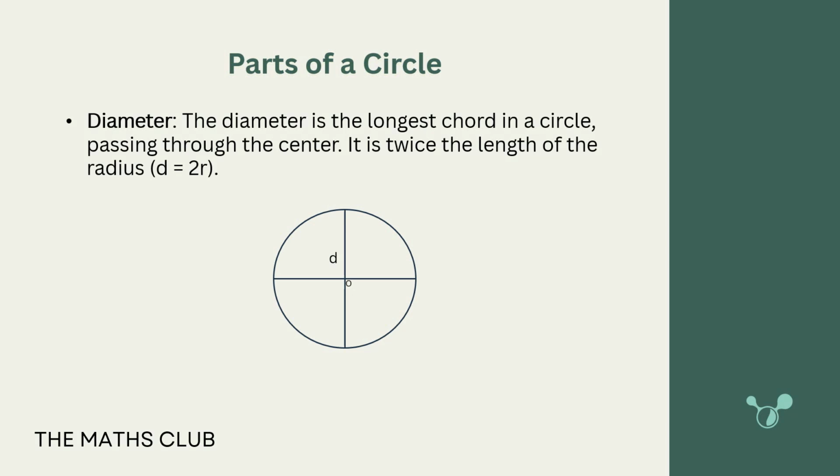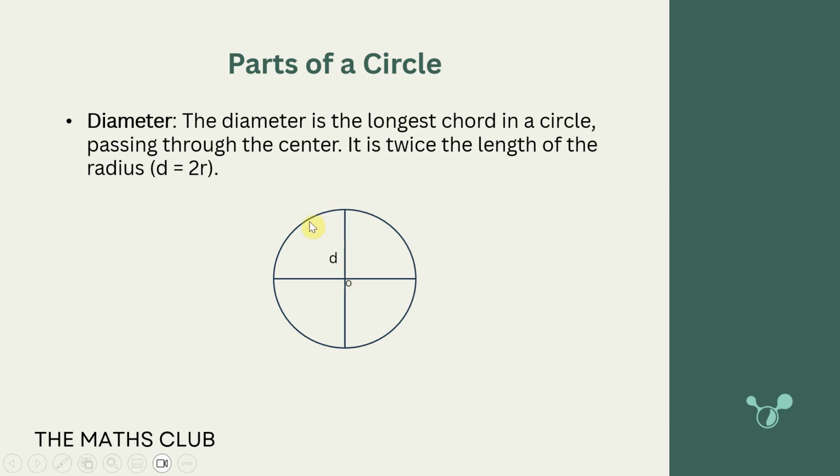That leads us to diameter. So we said any line joining 2 points on the circle is a chord. The diameter is the longest chord in the circle, and it's passing through the center. So the line that connects 2 points and passes through that center of the circle.